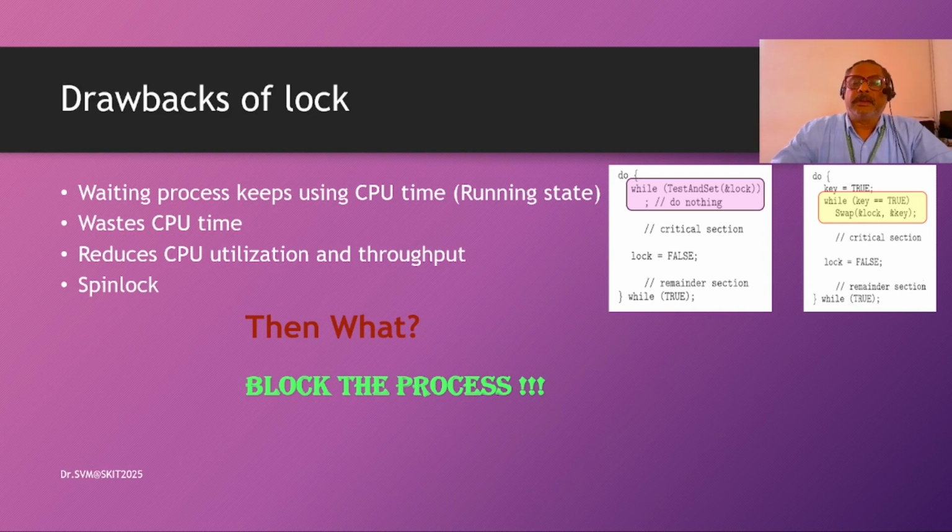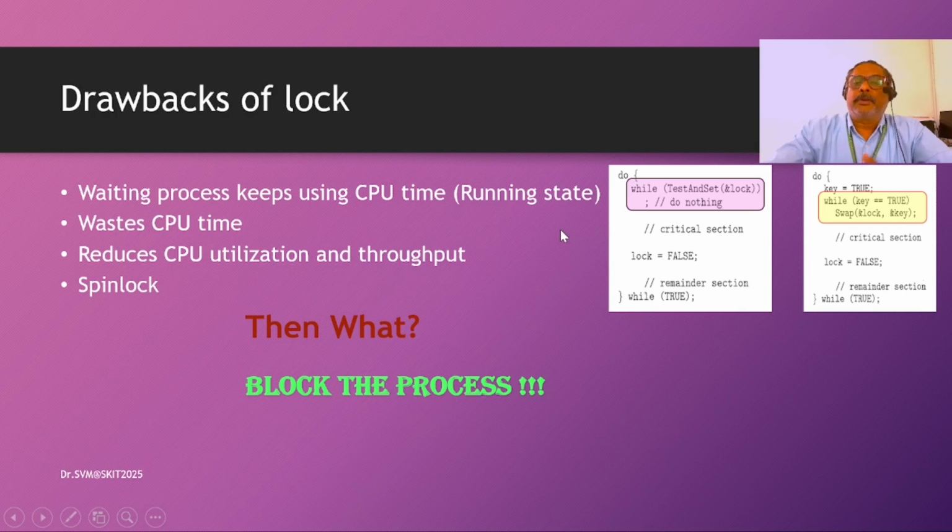Instead of keeping that in the ready state, why not block that process, dump it onto the block list, and when the lock is open, move that process from the block list to the ready list? That's more appropriate.